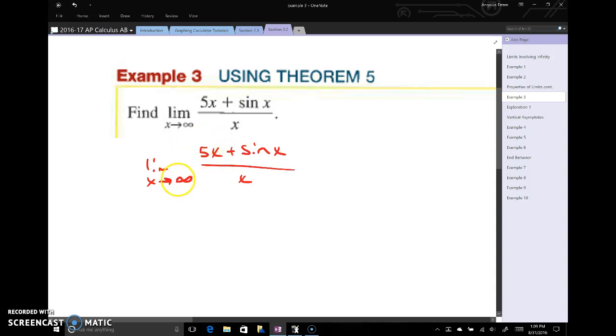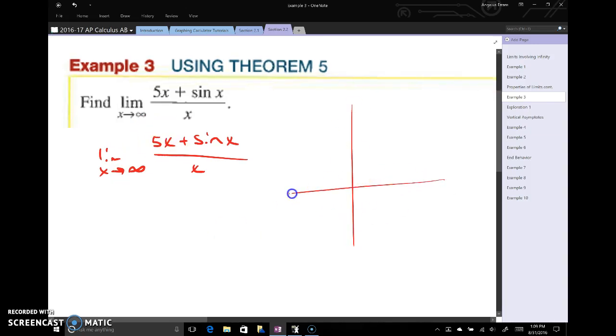5x. As x gets larger, 5x is just going to continue to get larger. That's just a line that looks like this, and it's just going to continue to increase. Plus sine of x. Well, sine of x has a very small range, right? It just varies between 1 and -1. So sine of x is going to make a very small difference.